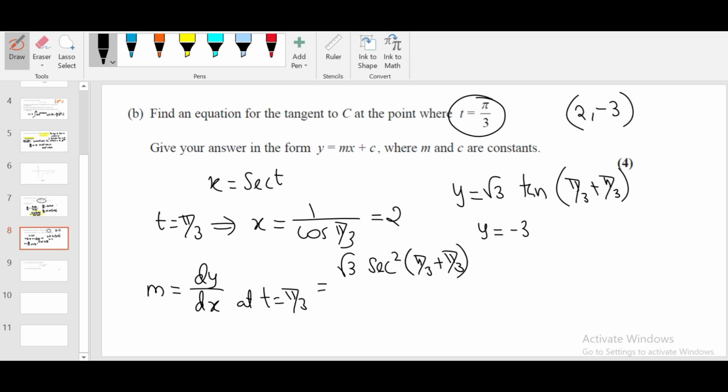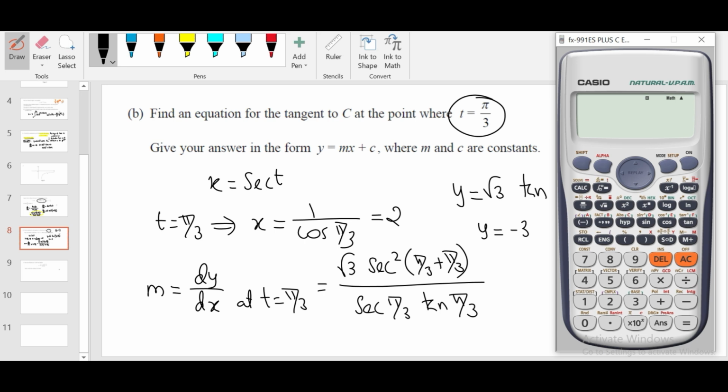How do we calculate it? Find the value of root 3 times 1 over cos squared of 2 pi over 3, divided by secant pi over 3 tan pi over 3. You see how I'm going to do that? First, I'm going to find cos 2 pi over 3.